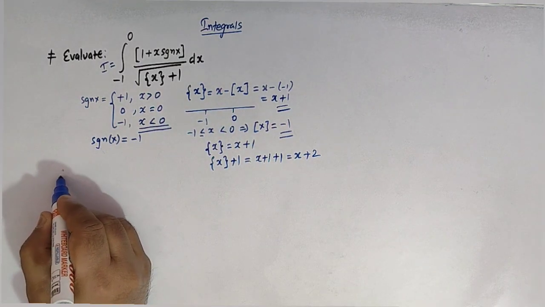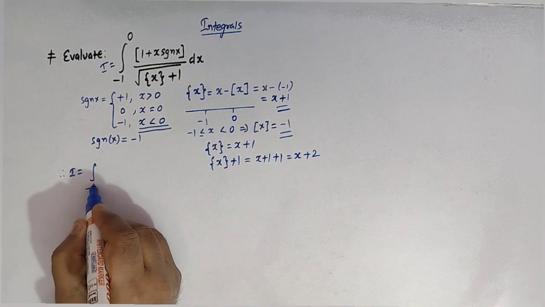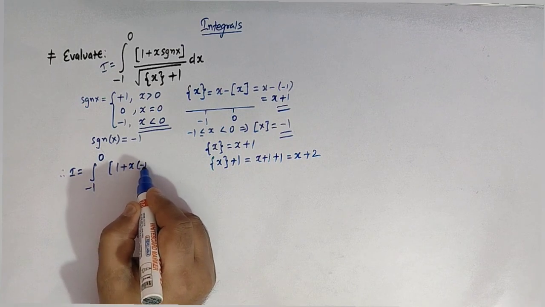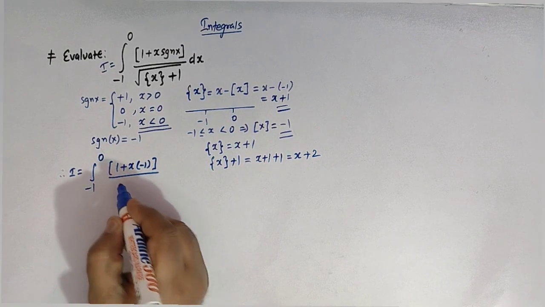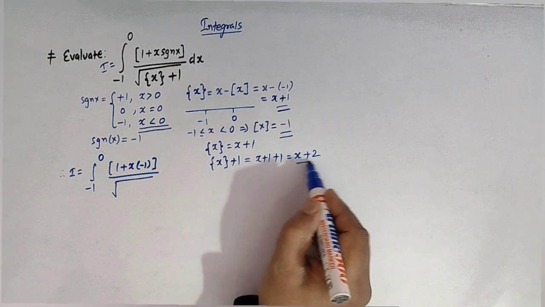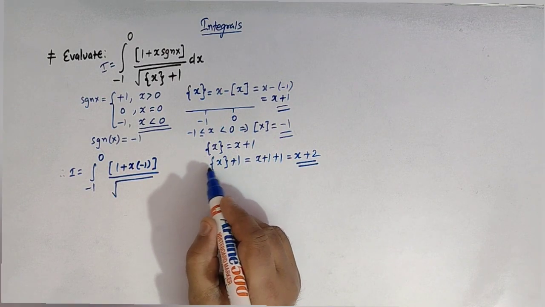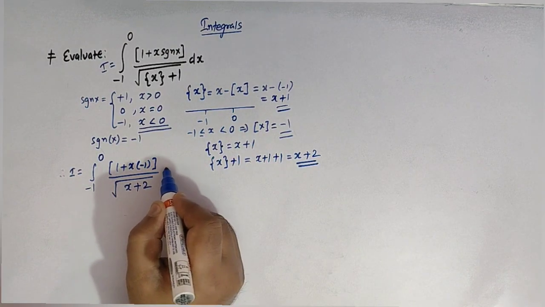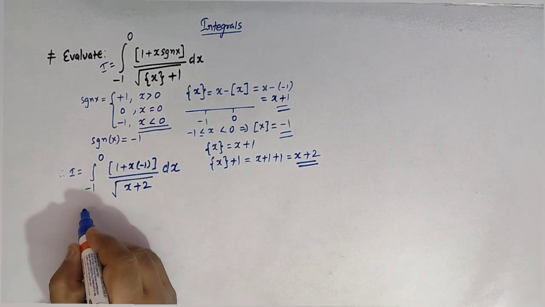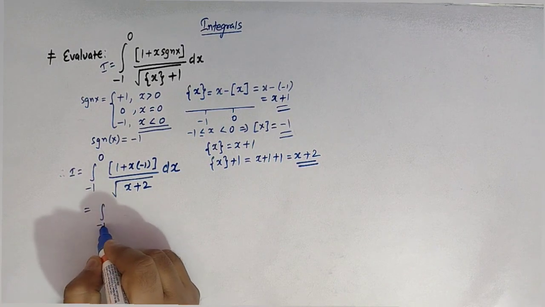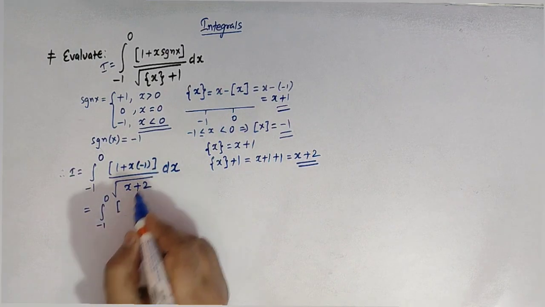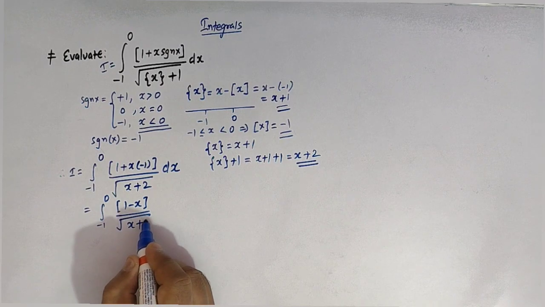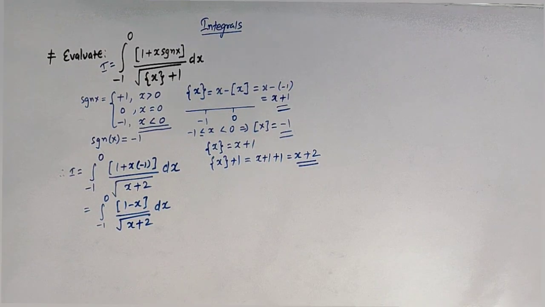Now this integral I takes the form: integral from -1 to 0 of the greatest integer of 1 plus x times -1, divided by the square root of x plus 2, because the fractional part of x plus 1 is x plus 2, and we have dx. So we can write the integral from -1 to 0 of the greatest integer of 1 minus x divided by the square root of x plus 2, dx.